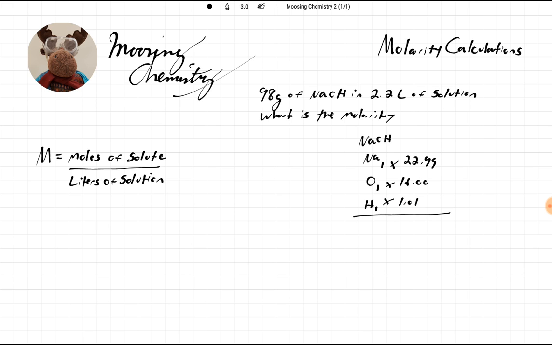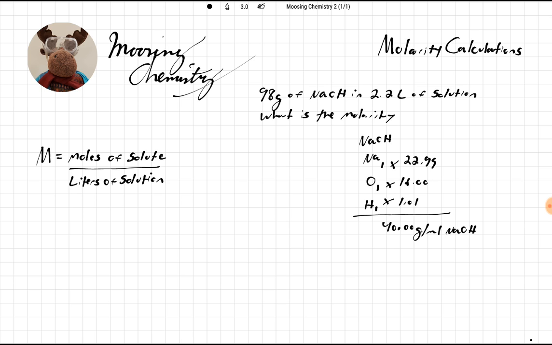We'll put that in the calculator, and we're going to get a total of 40.00 grams per mole of NaOH. Perfect.